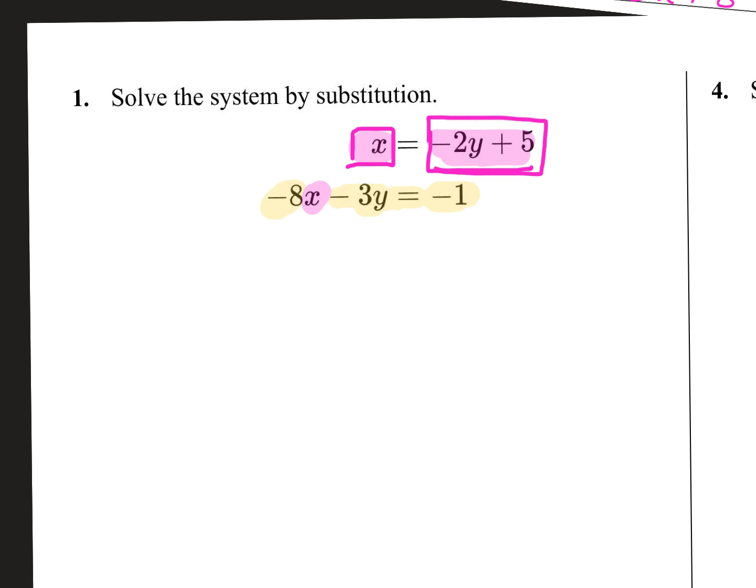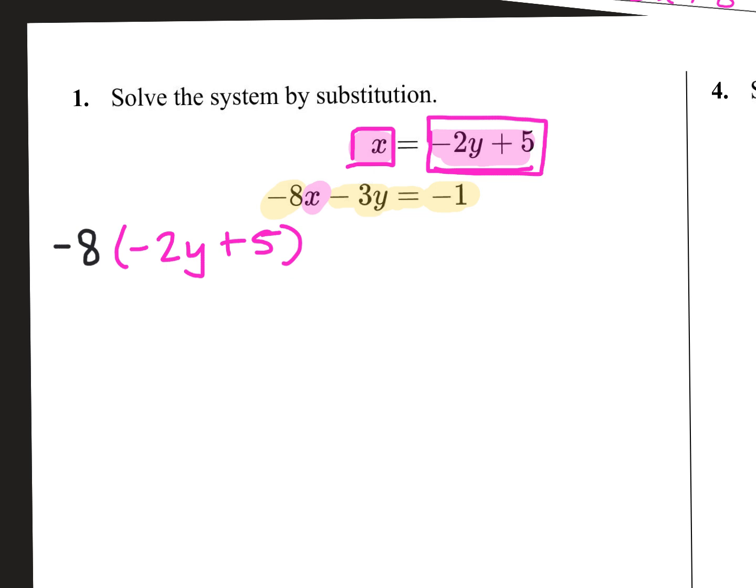So again, I'm going to rewrite everything the same. So the negative 8, I'm going to write. But instead of x, I'm going to write parentheses negative 2y plus 5. And again, I got that negative 2y plus 5 from up here because that is what x is equal to, according to the problem.